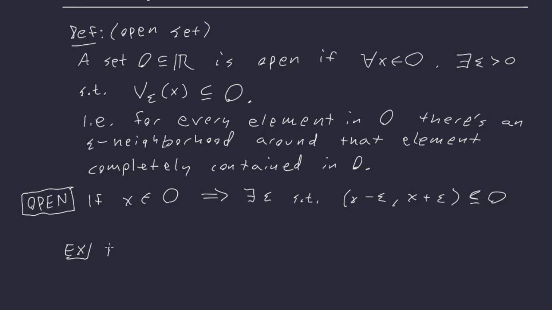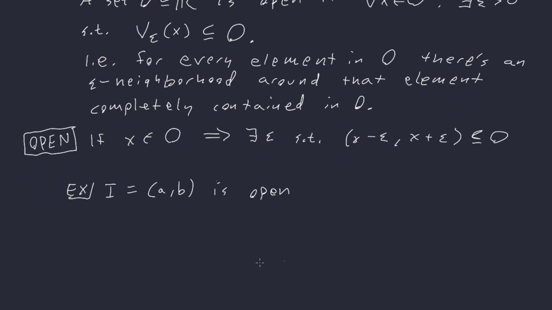The interval, let's call it I, which goes from a to b, is open, since for any value inside this set that we choose, so let's say this is our open interval a to b, any x I choose, maybe not easily, but I can always choose an epsilon neighborhood that is still contained in the interval.